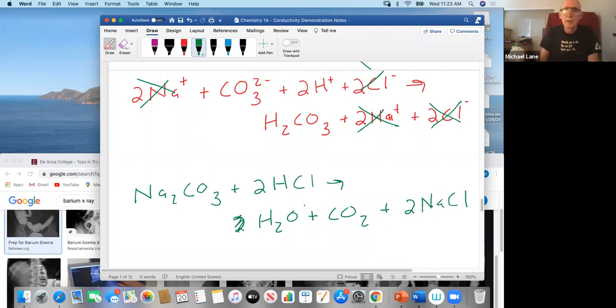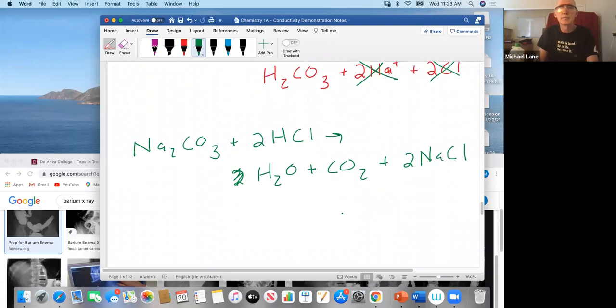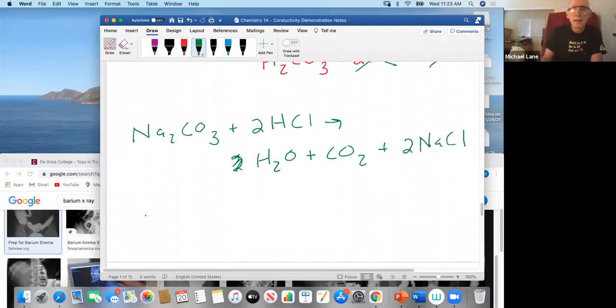And in this one, the difference is I have written the carbonic acid directly as H2O plus CO2. And so now the total ionic equation starts off very much the same way.